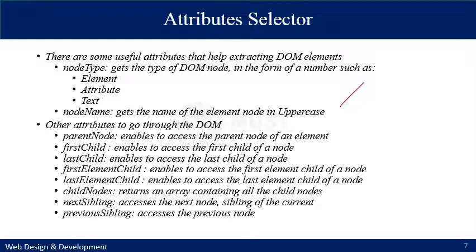Other attributes go through the DOM, such as parentNode, which enables you to access the parent node of the element, and you can get firstChild, lastChild, childNodes, siblings, previousSibling, nextSibling, etc., depending upon the position of your current element.